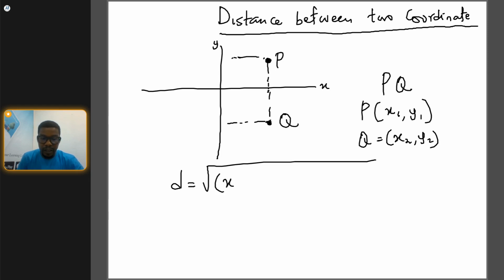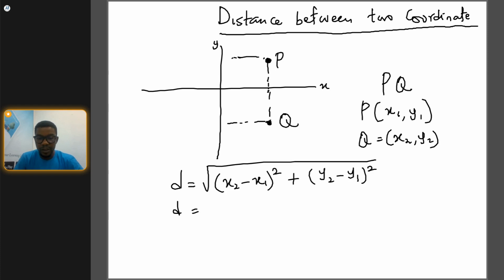All right. So with these two coordinates given, we can find the distance. And the formula will be (x2 minus x1) raised to the power of 2 plus (y2 minus y1) raised to the power of 2. So this formula is going to give us the distance between two given coordinates.